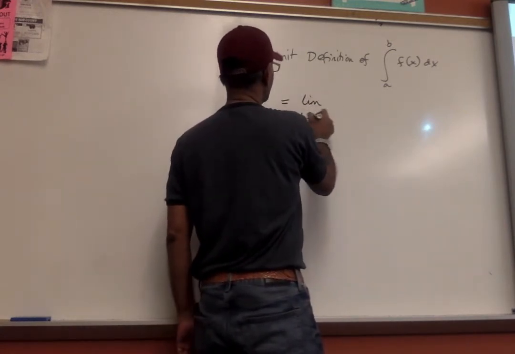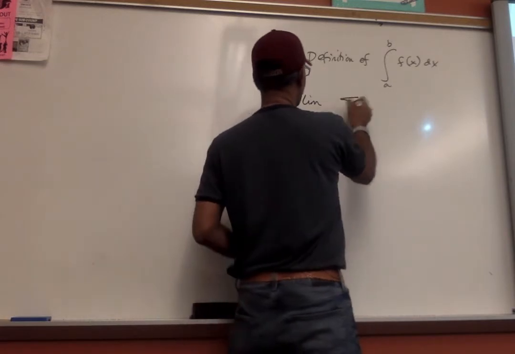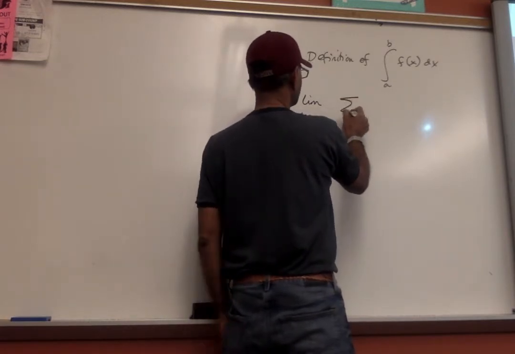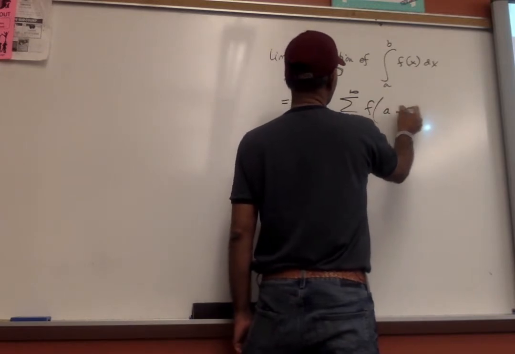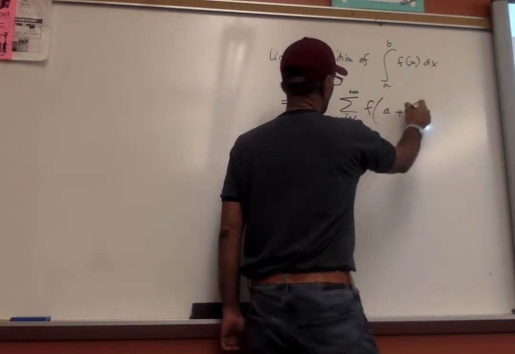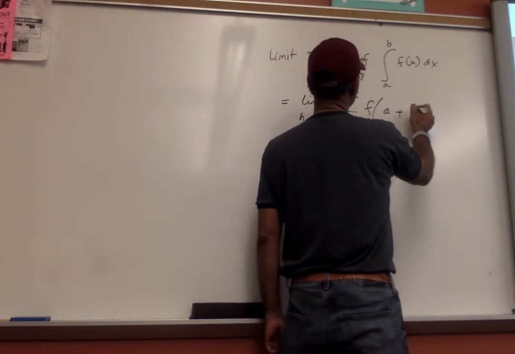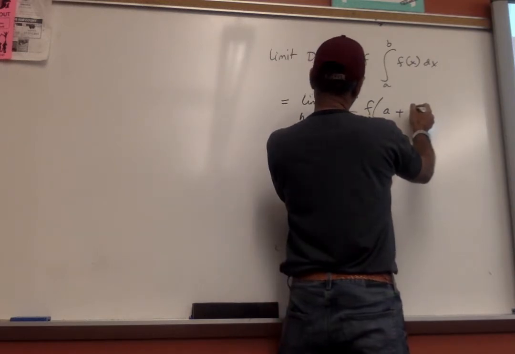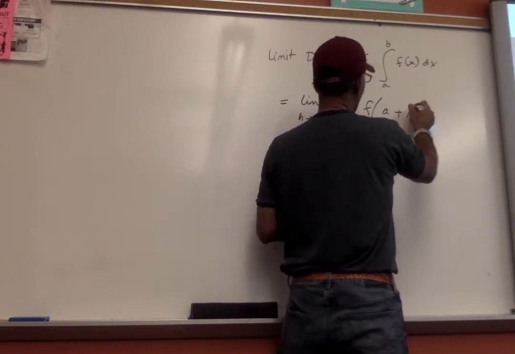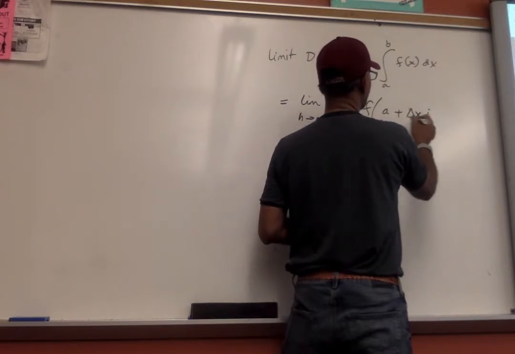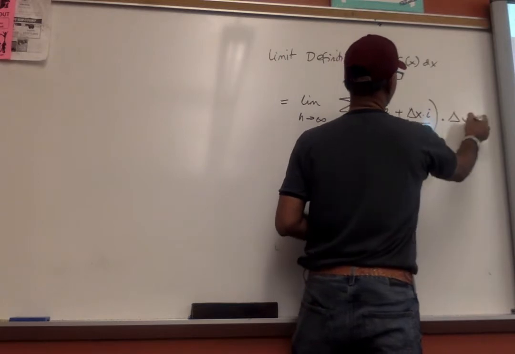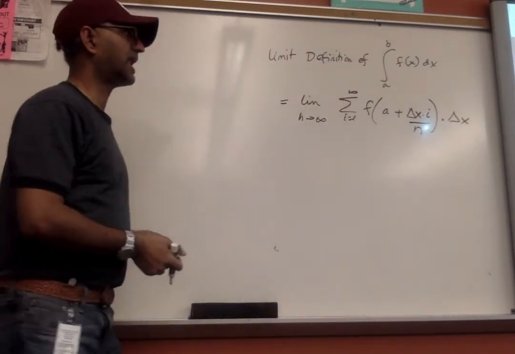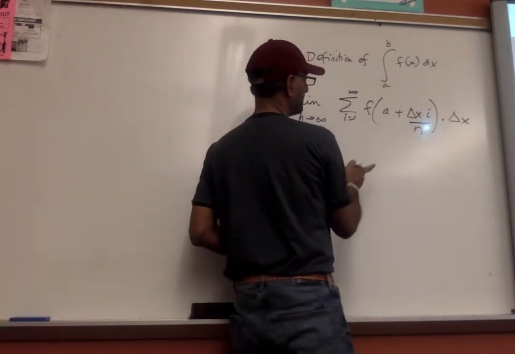Limit as n approaches infinity, summation i goes from 1 to n, f of a plus delta x times i over n times delta x. Relax. This is an AB problem also, Ms. Robles.